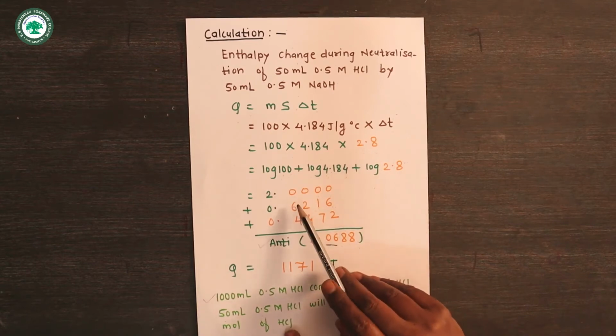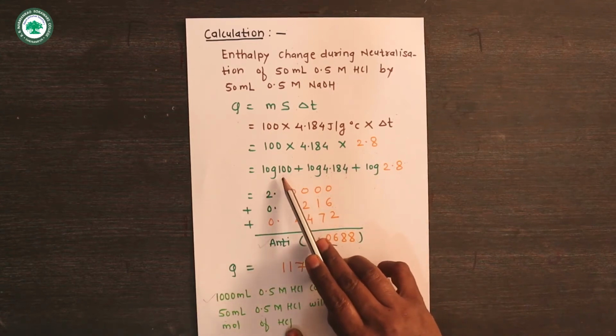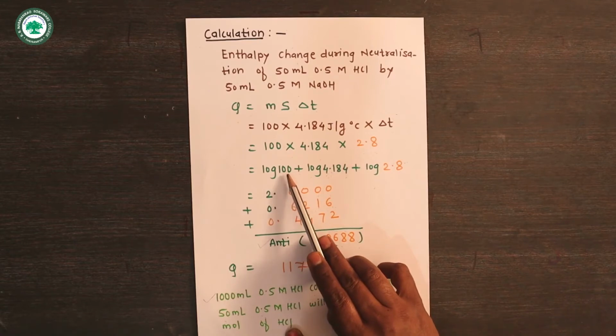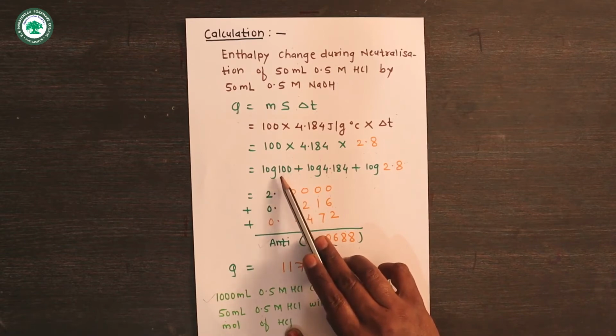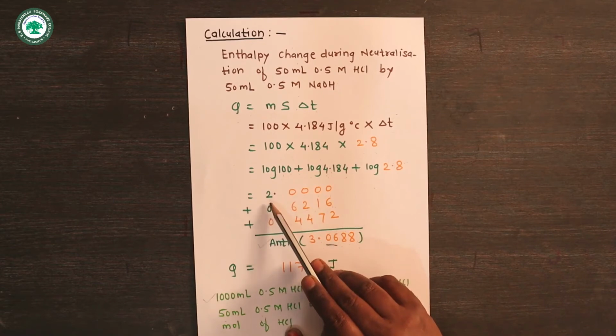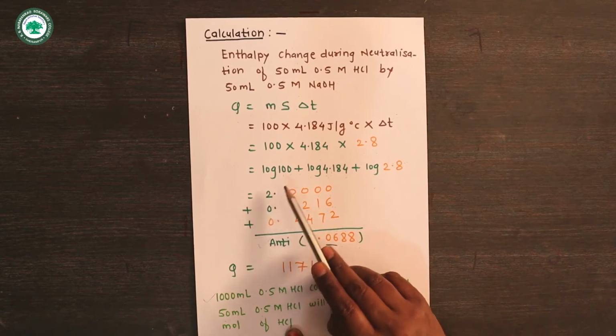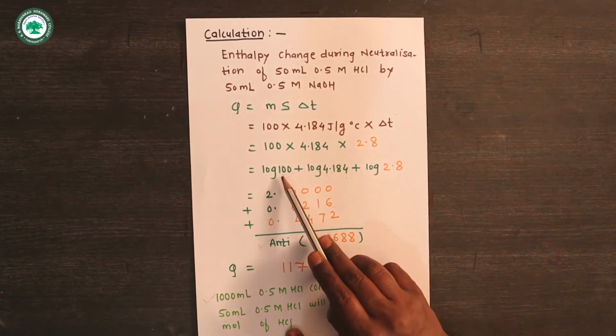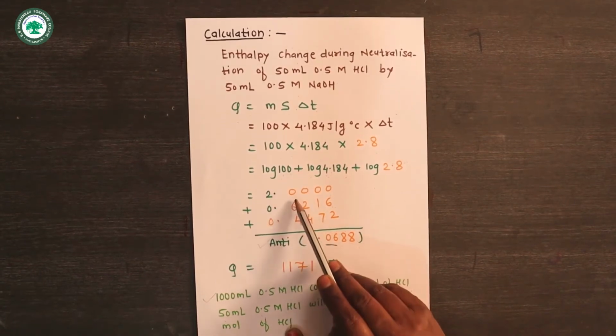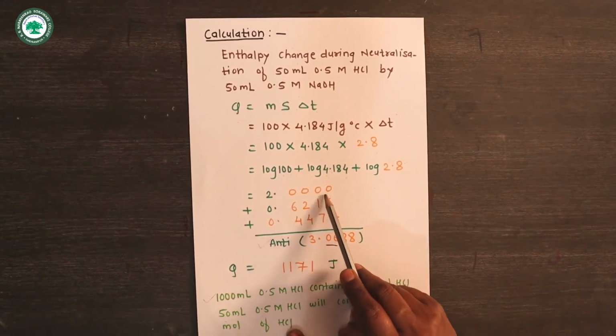Now let us consider log of 100. This 100 is a 3-digit number, and so first we have to write the characteristic of 100, and then find the log. It is a 3-digit number, so 3 minus 1 gives 2 as the characteristic. We see the log of 10 followed by 0, and we know that is 0.000.